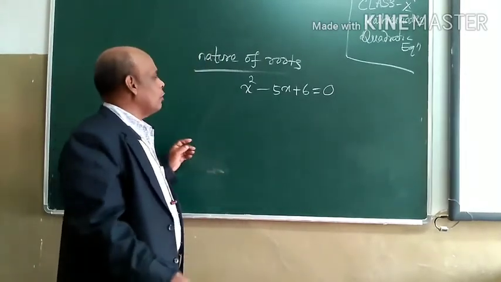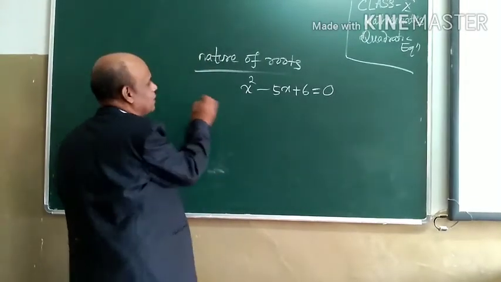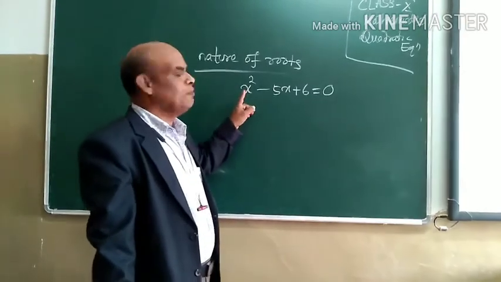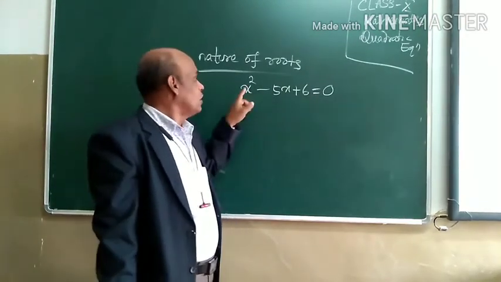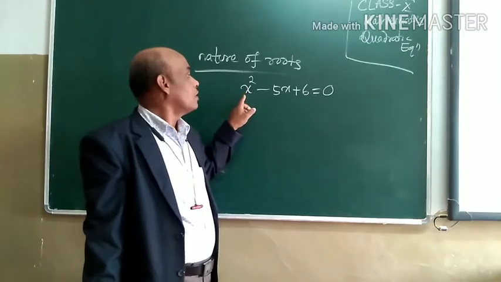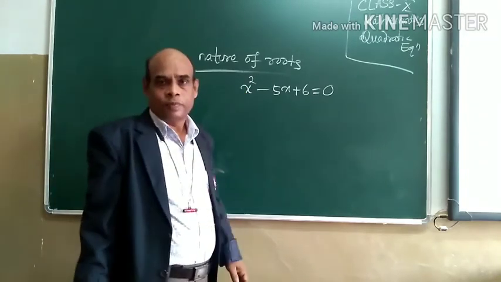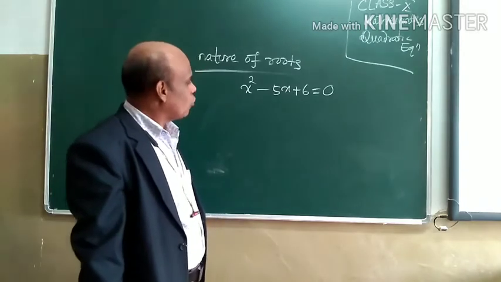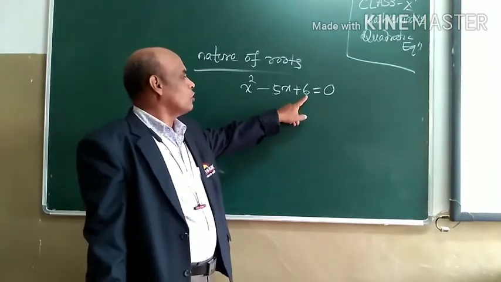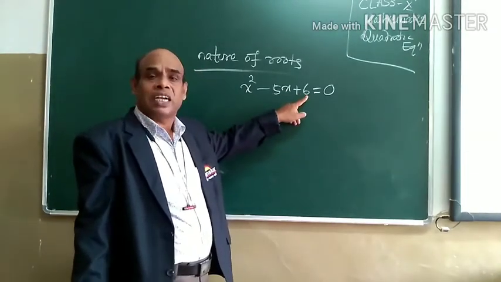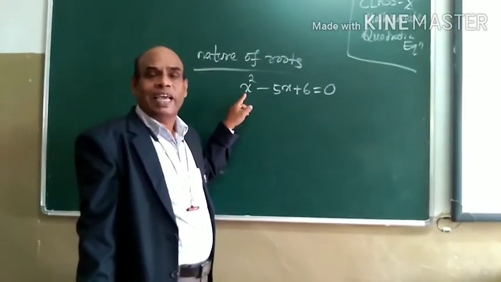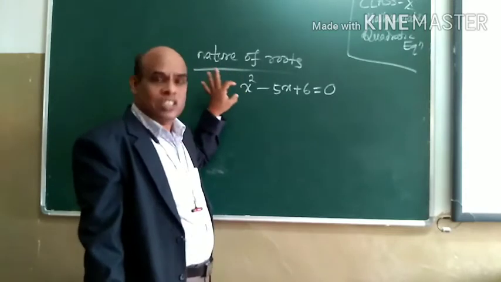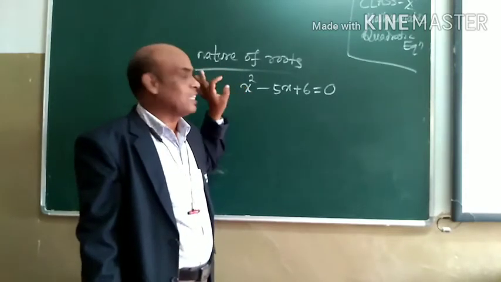So what is the rule for that? First rule is just to multiply the constant number with the x square term. You have to remember first what to do. First the constant number will be multiplied with the number containing x square.